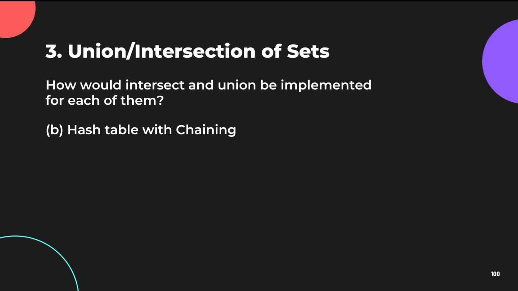So there will be O(1) here, O(N) per M here. So for every item n in A, I will have to check through the length of the corresponding bucket, traversing the length of the corresponding bucket in my B.